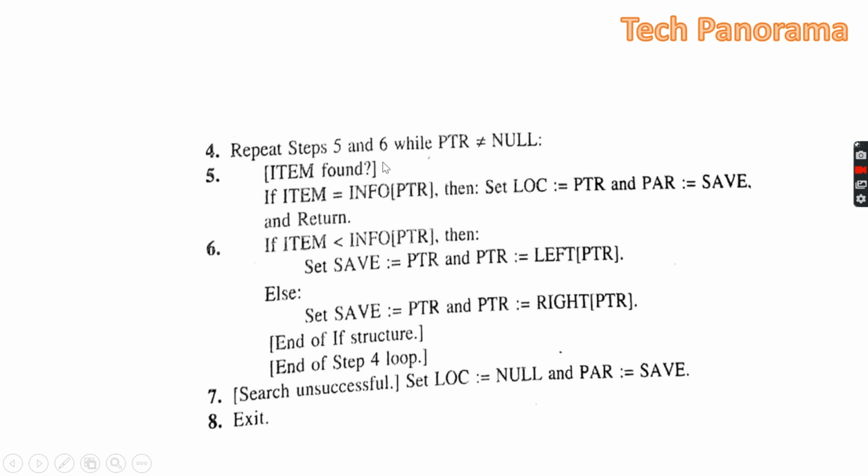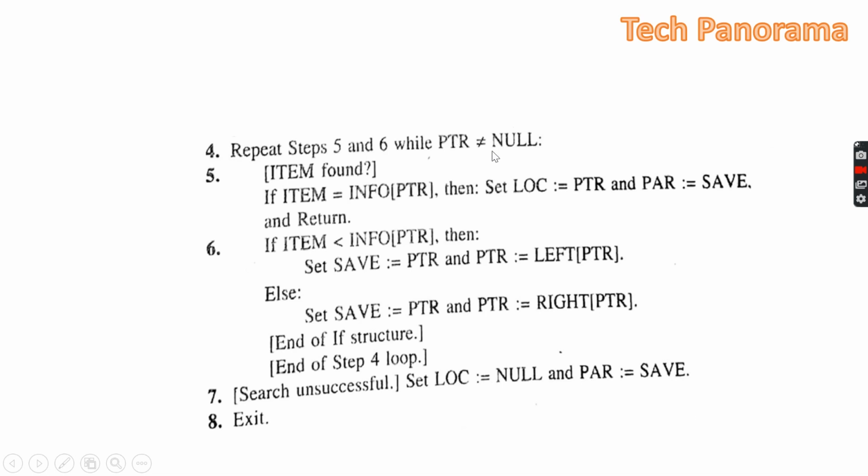We continue this process until PTR equals null. When PTR equals null, it means we have traversed the whole tree and didn't find the item. So we set location equal to null and parent equal to SAVE, the pointer variable's parent.